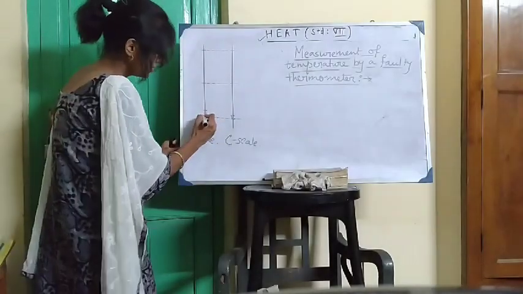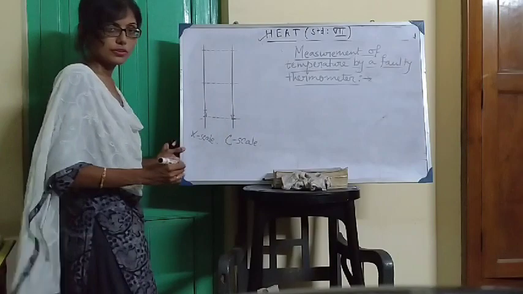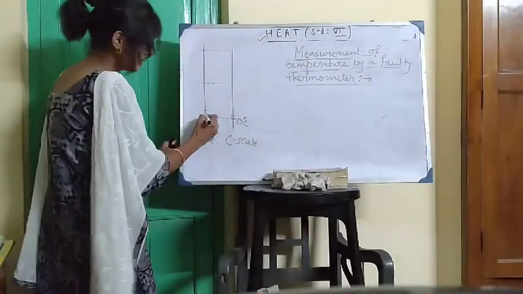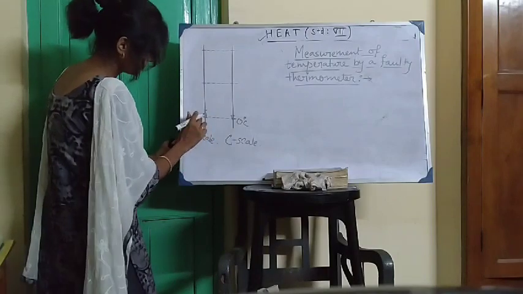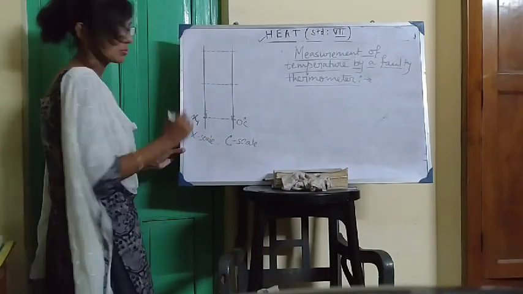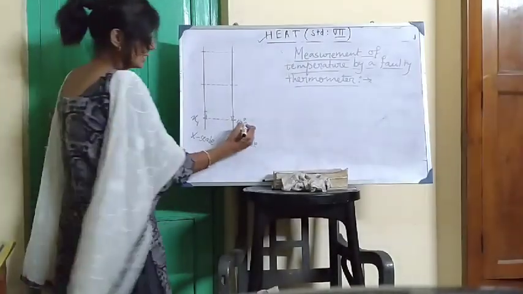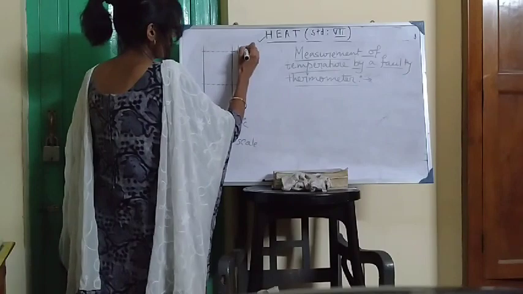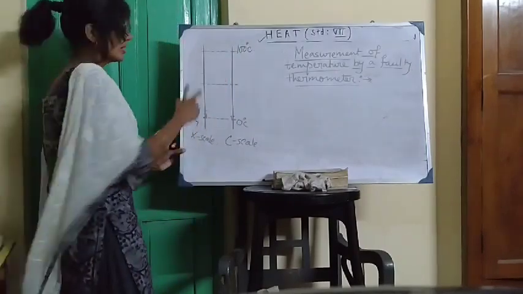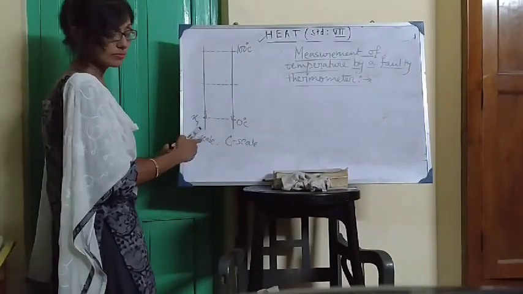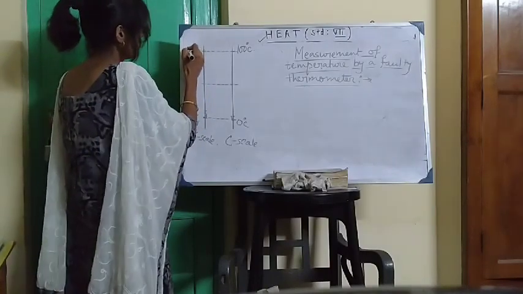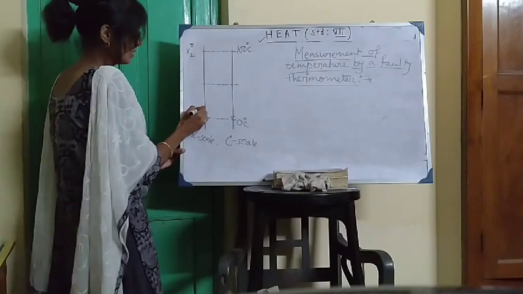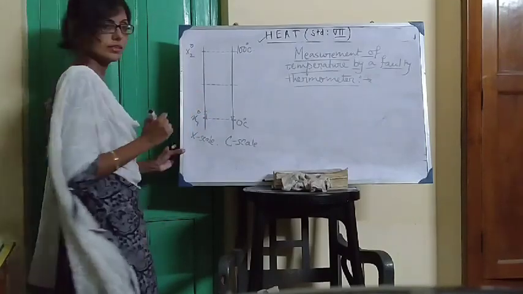This is the ice point. Ice point of C scale is 0 degree centigrade. Suppose here the ice point is small x1. Boiling point means upper fixed point of C scale is 100 degree C. Upper fixed point of X scale means faulty thermometer, suppose it is x2 degree. We don't know the name of the thermometer, so x1 and x2 degree.